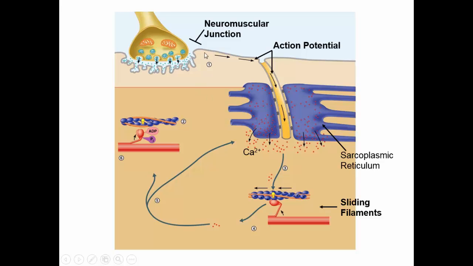Those T-tubules, those pockets of the cell membrane down into the cell, carry that action potential down into the cell. And these T-tubules are very close to the sarcoplasmic reticulum, so that when this area becomes excited, it irritates the sarcoplasmic reticulum membrane and it releases calcium into the cytoplasm of the cell. We're going to need calcium for the muscles to contract.